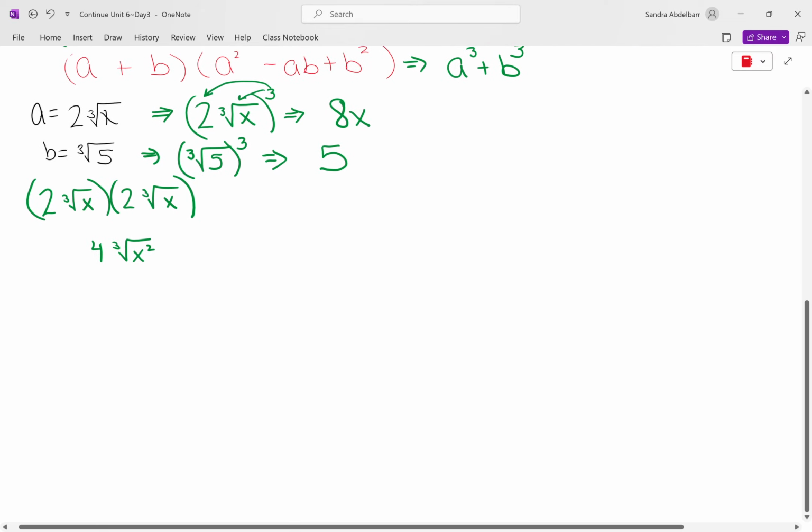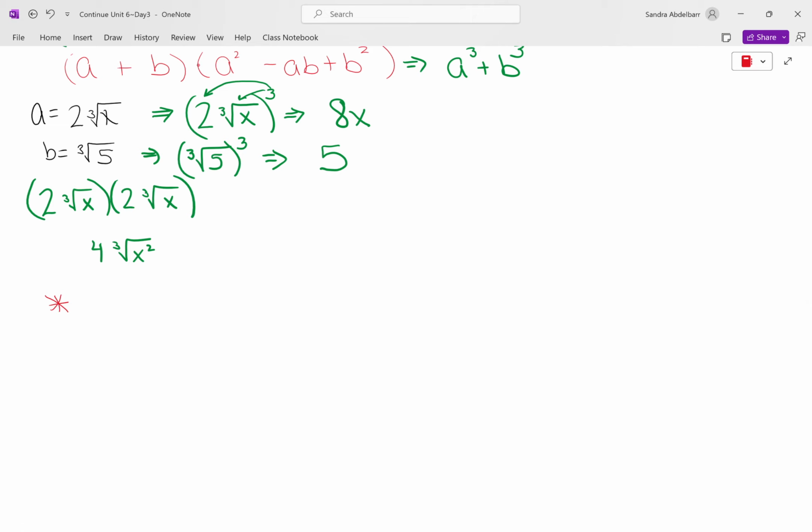Okay, so to sum this up, if a denominator has 2 terms, what do I mean when I say 2 terms? A binomial.